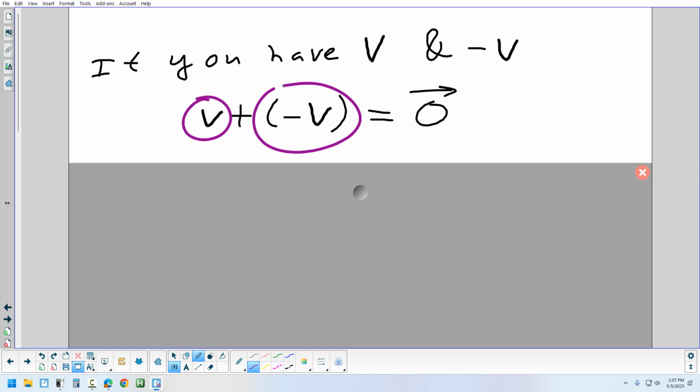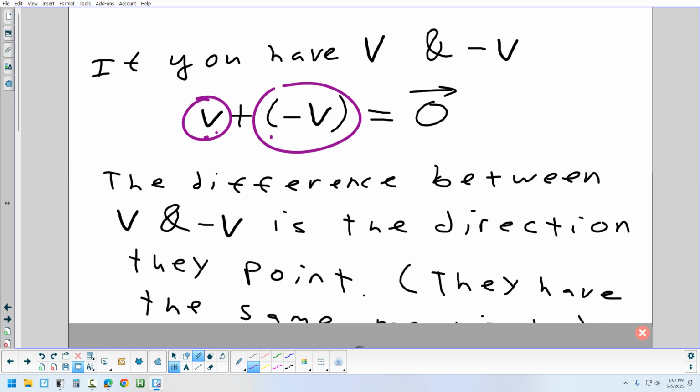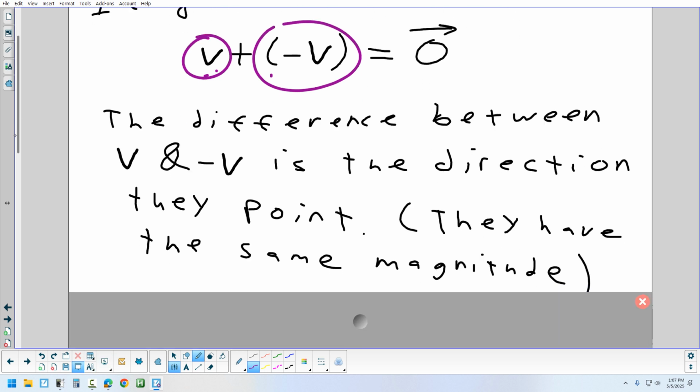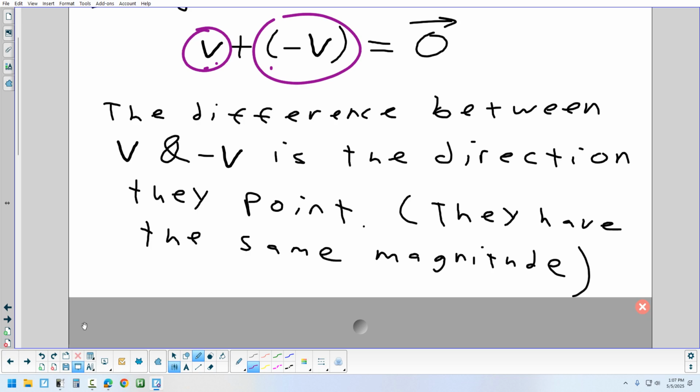Right, one of them goes in the other direction. What's the same between them? The distance. Yeah, the length of each arrow is the same. They have the same magnitude. Yep. So when you put a negative in front of a vector, that means the vector points the other way. That's all that a negative does, makes it point the other way.